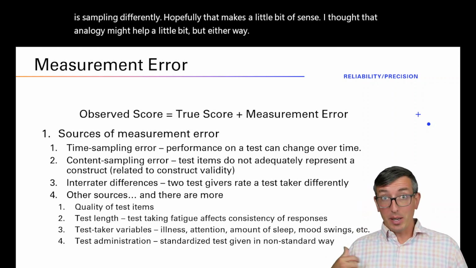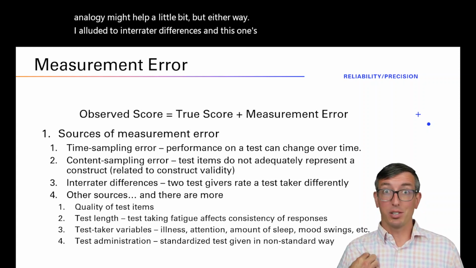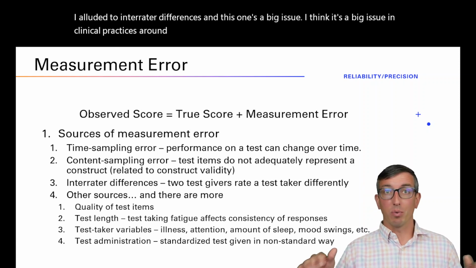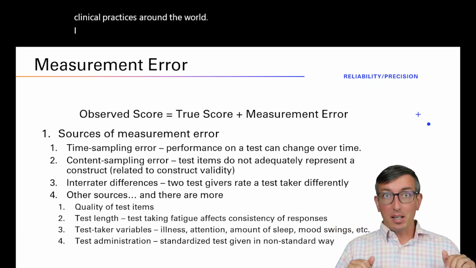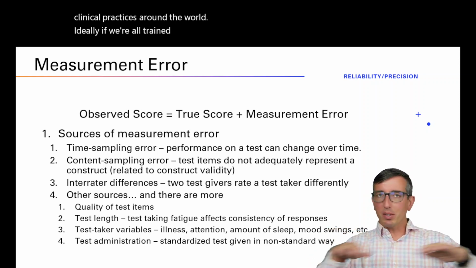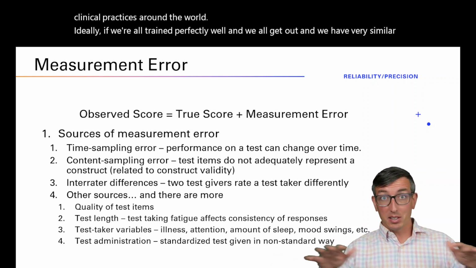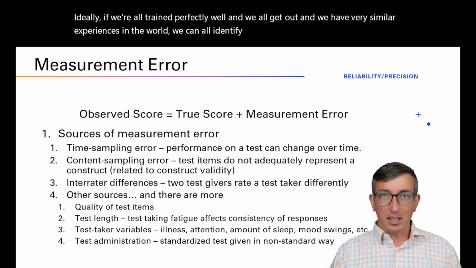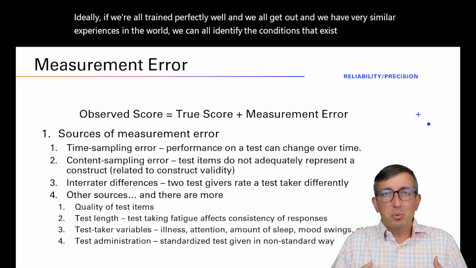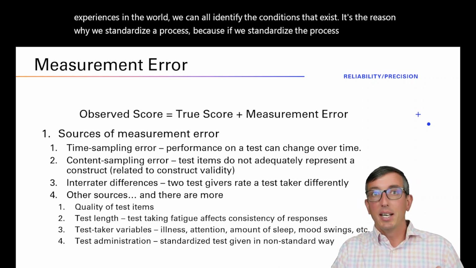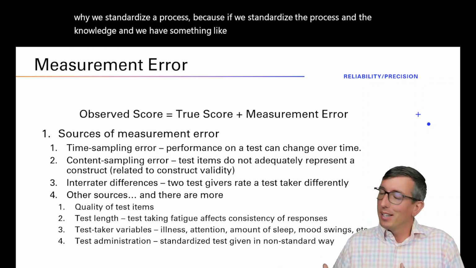I alluded to inter-rater differences, and this one's a big issue. I think it's a big issue in clinical practices around the world. Ideally, if we're all trained perfectly well and we all have very similar experiences in the world, we can all identify the conditions that exist. It's the reason why we standardize a process, because if we standardize the process and the knowledge and we have something like the DSM, it's not perfect.